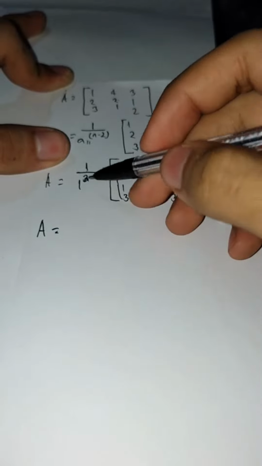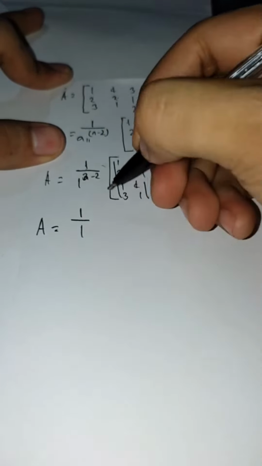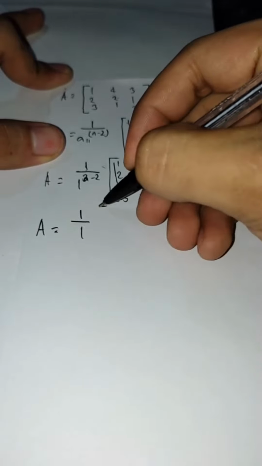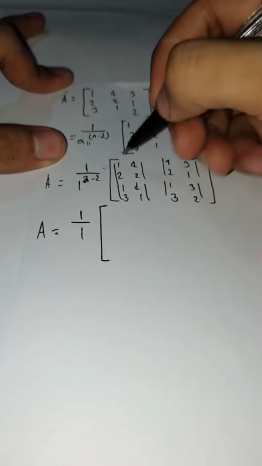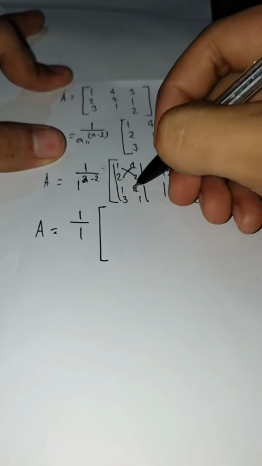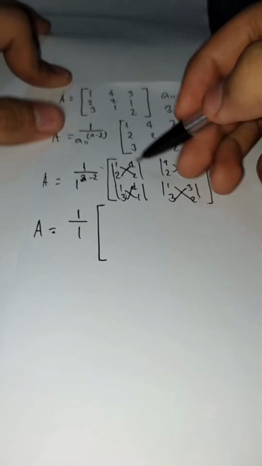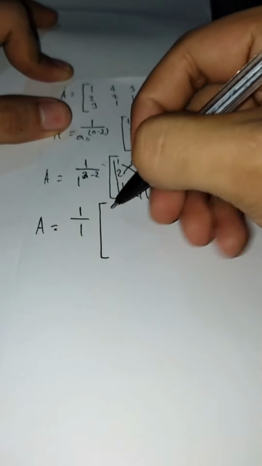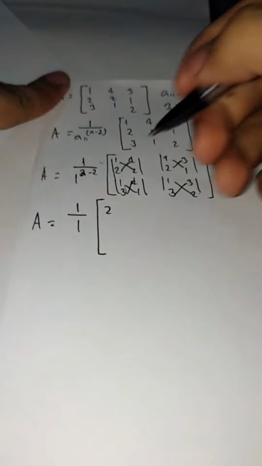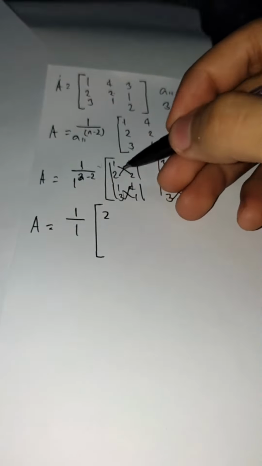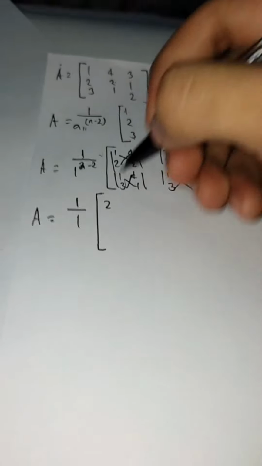Next, i-simplify na natin to. This 1 is all over 1. And then, cross multiply tayo. Ito ulit. Cross multiply lahat yan. 1 times 2 is 2. And then 4 times 2 is 8.